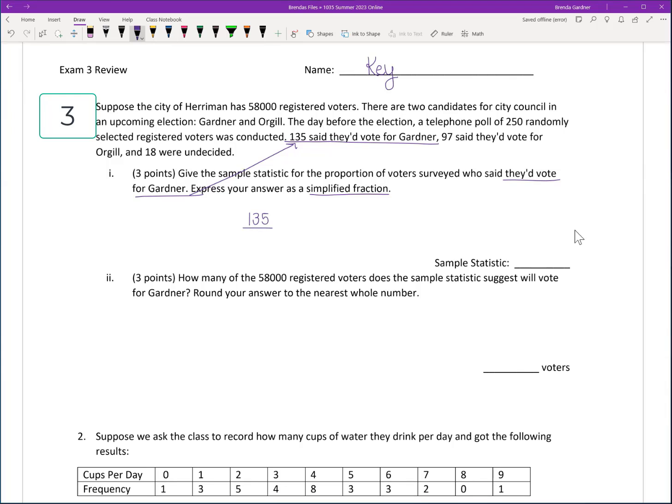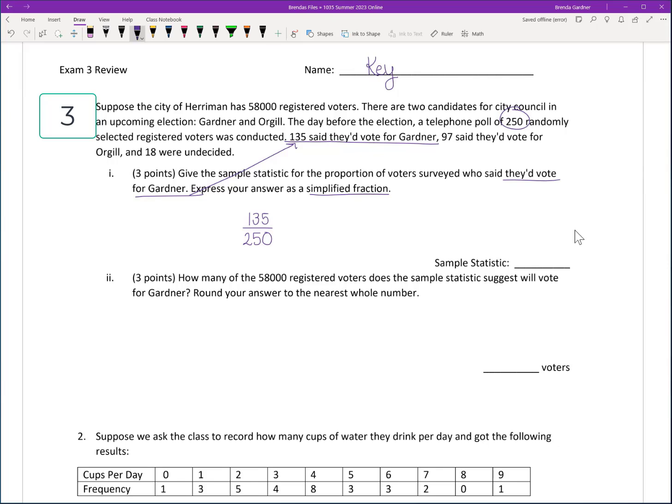So we don't want to go to 58,000 because that's not the number that 135 was drawn from. Instead, it was drawn from the 250 registered voters that were randomly selected. So we're going to take 135 over 250. Now, this is where on the test you want to be careful and make sure you're following directions.